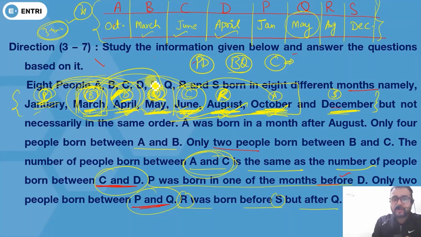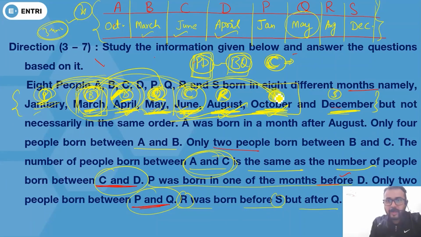So clearly you can see the relation is that there is one person between P and D and between B and Q in the question. So you have to find the relation of C. So C is here.